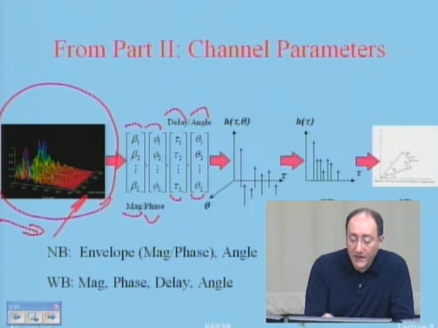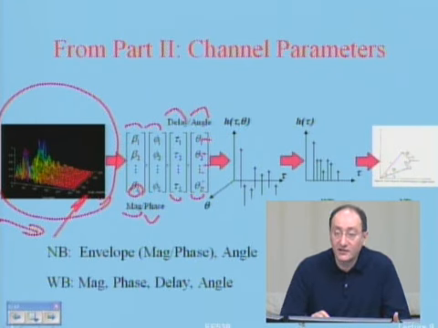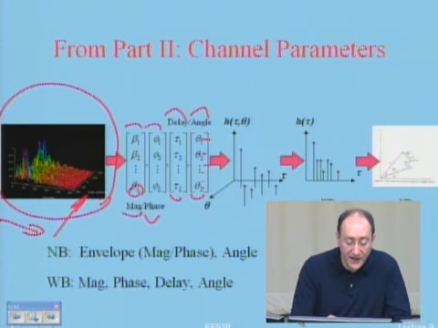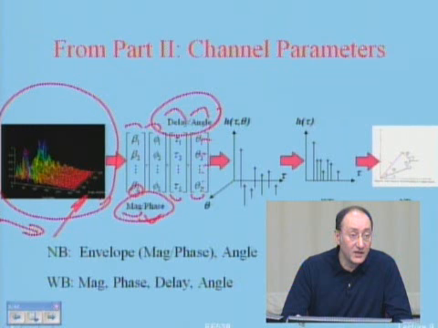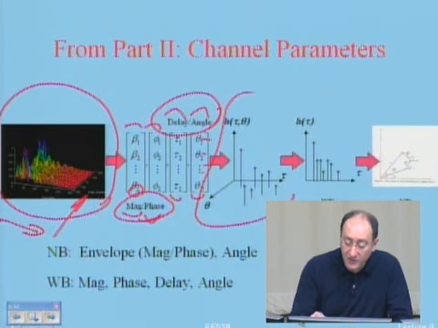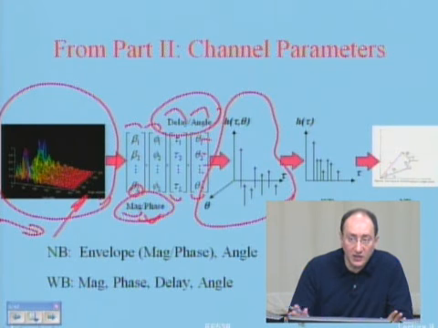So I have a bunch of paths, path 1, 2, 3, 4, 5, whatever, up to path number L. Each of them has four parameters: magnitude, phase, delay, and angle of arrival. If I get all four together, I have a three-dimensional impulse response like this. Okay? But I don't need all four of them all the time.